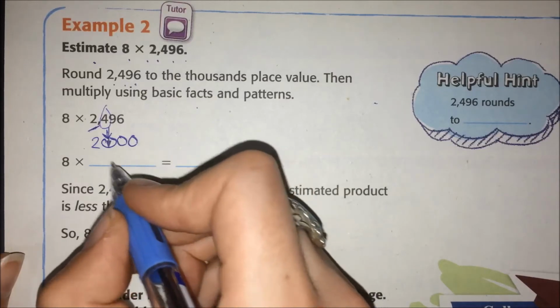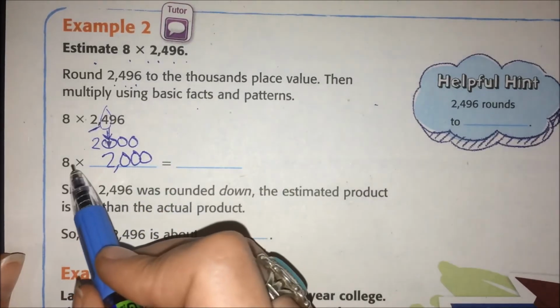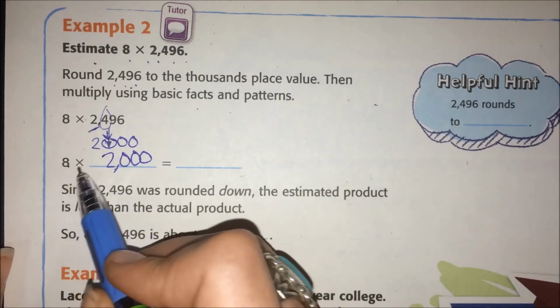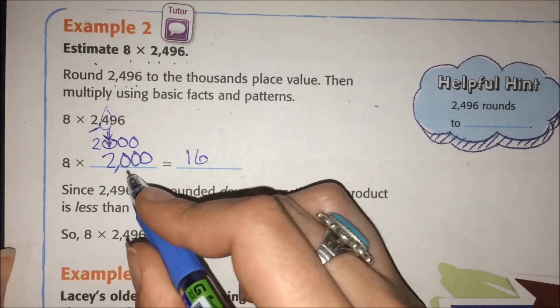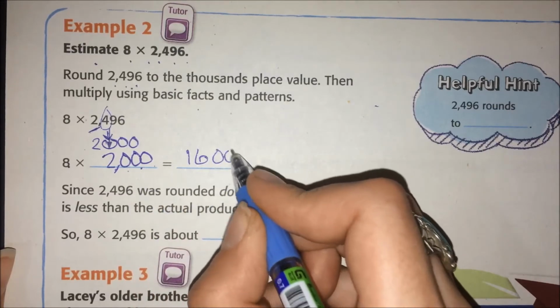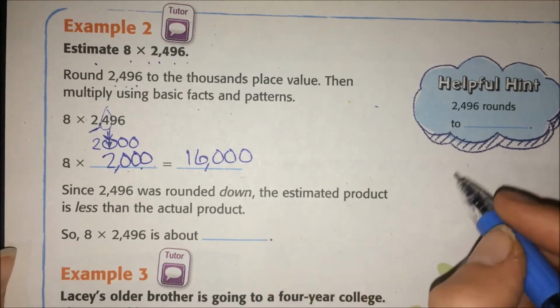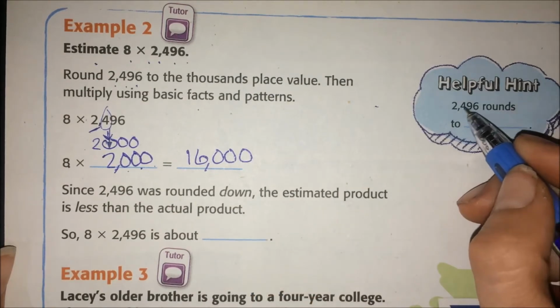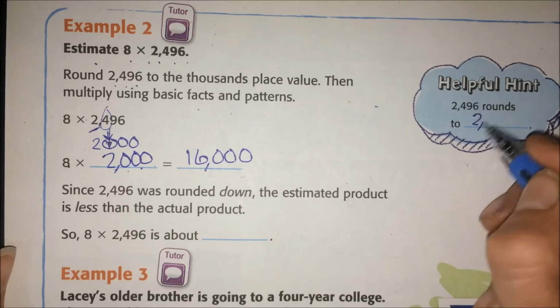So 8 times 2,000. The great thing is now it's just math facts. 8 times 2 is 16. And then you keep the same amount of zeros. So 16,000. Helpful hint, 2,496 rounds to 2,000.